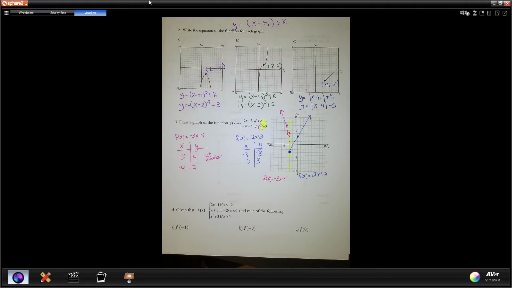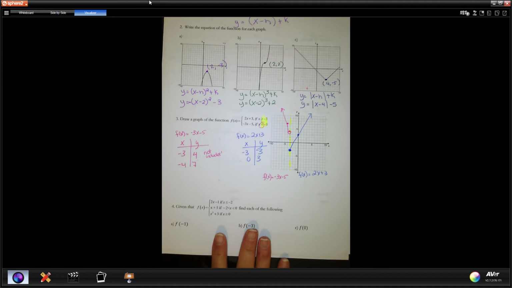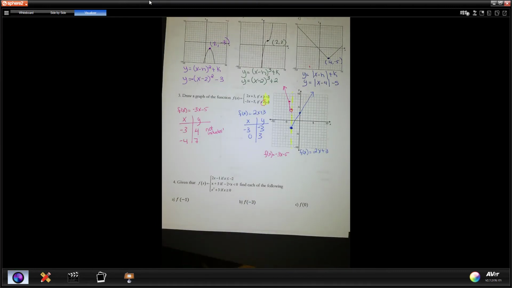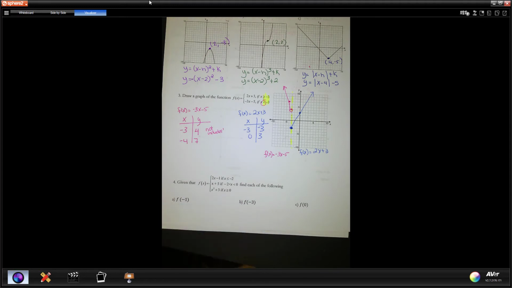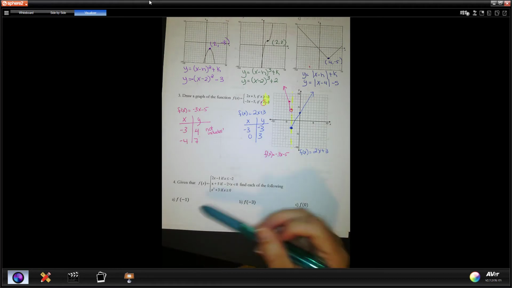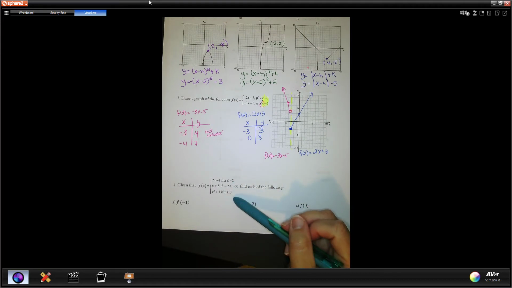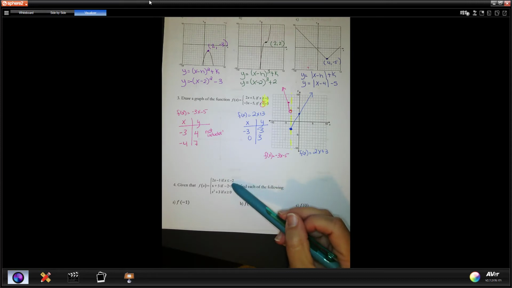We also were evaluating piecewise functions in this unit. So kind of looking, we're given our function, and then we're wanting to find f of negative 1. If we remember, this does not go into all three parts. F of negative 1 simply means where is negative 1? Is it going to be in less than negative 2?